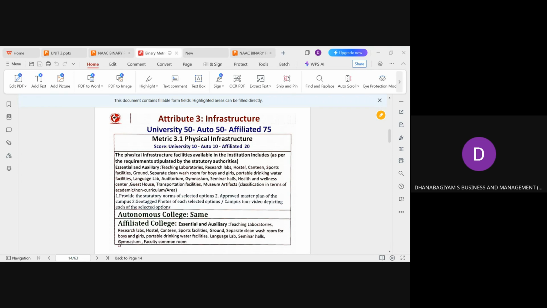And when you talk about attribute 3, this attribute talks more about the infrastructure facilities. In the sense, it talks more about the physical infrastructure facilities available in the institution.